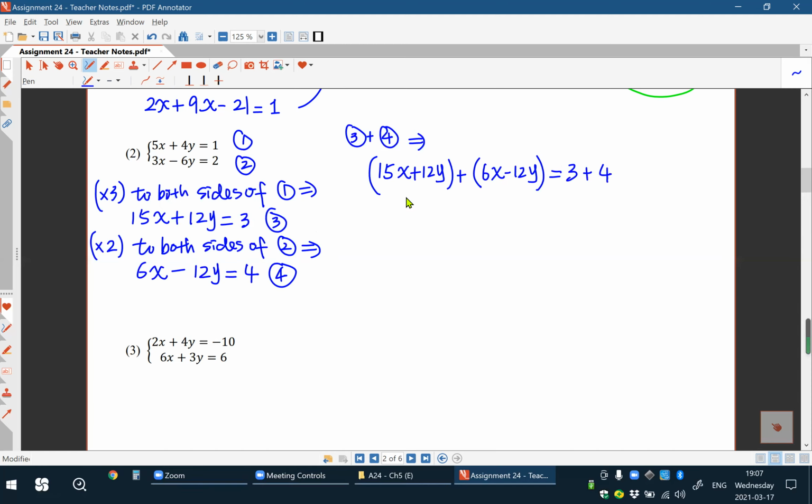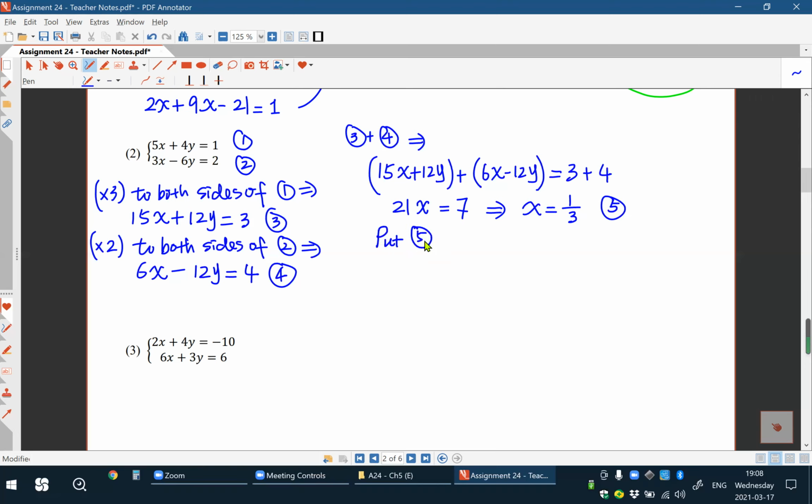So let's simplify this. You will get 21x equals 7. Okay, that means x equals 1 over 3, right? So let's label this with 5.